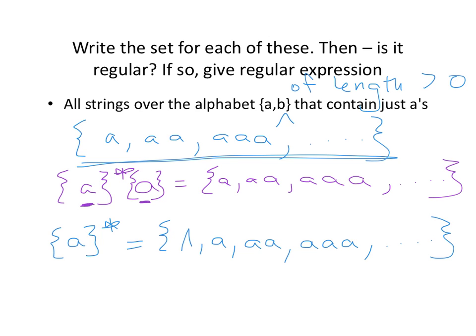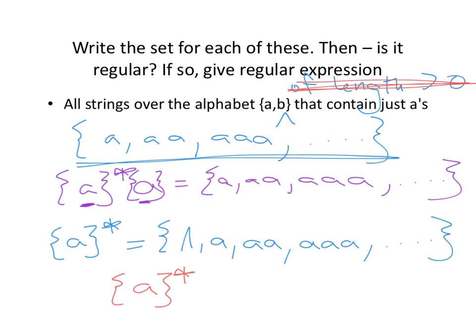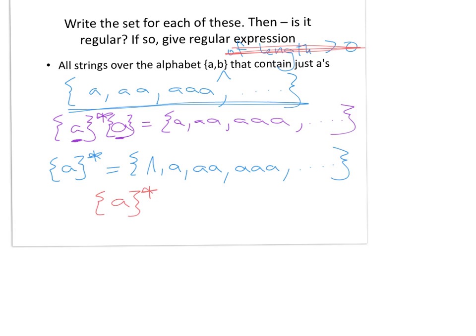Right? Now, if the question had not said of length greater than 0, then we've just got A star, right? But now, like all good test takers, I go back and look and say, oh, look, she asked me, if it is regular, give the regular expression.